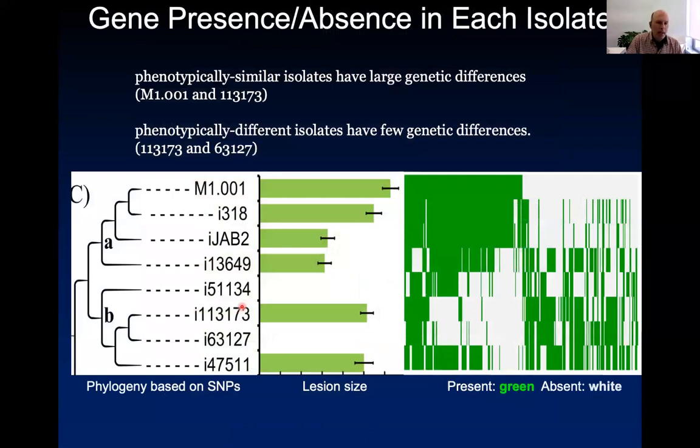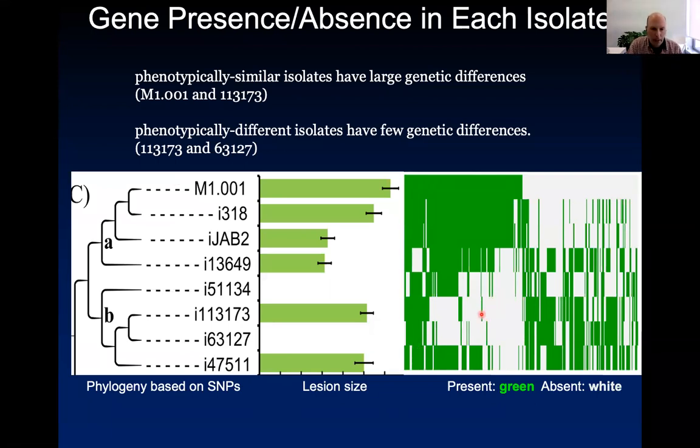So this is a phylogenetic tree on the left that shows the relationships among the different isolates. And in the middle, we have a bar graph that shows the differences in lesion size that we find between the different isolates. The green matrix over on the right here represents the presence and absence of different genes.